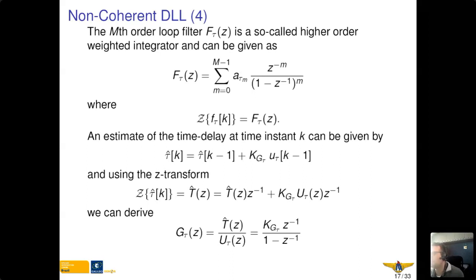So the integrator G of tau is given by K G tau, which is the design parameter for the integrator, times Z to the power of minus 1 divided by 1 minus Z to the minus 1. In order now to design the loop, we have to figure out the values for K G tau and A tau m, the filter coefficients for the loop filter.